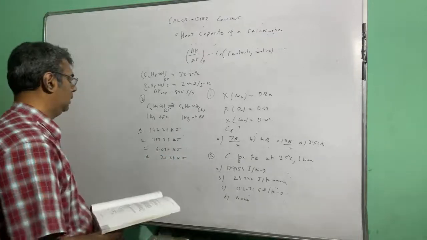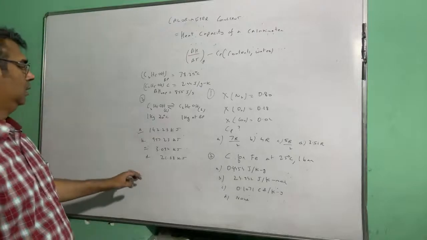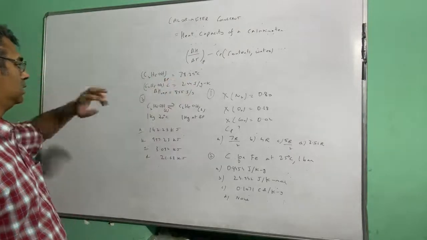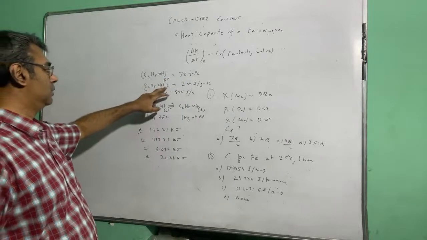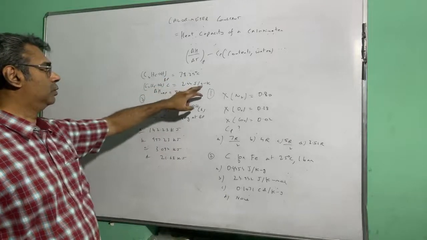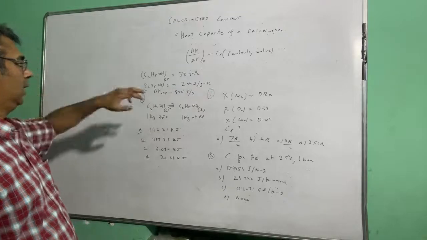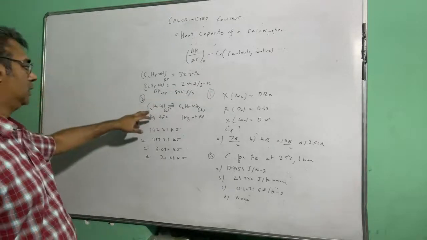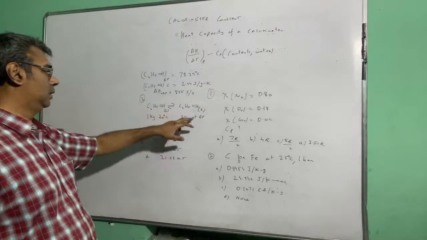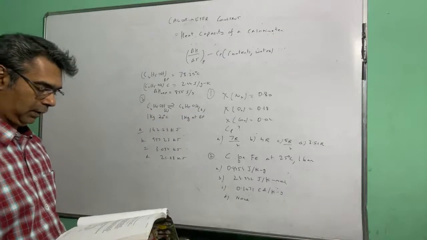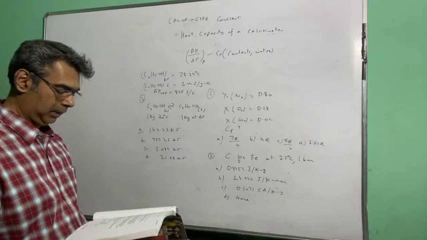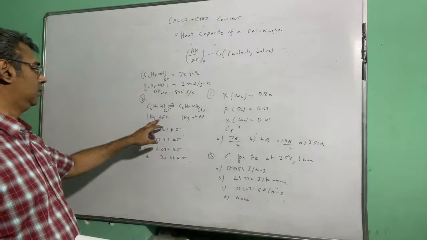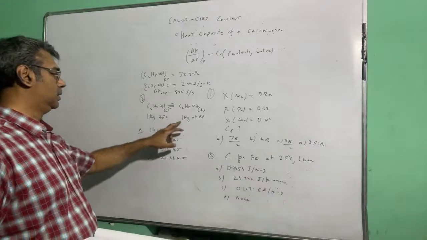Okay, the next question: the boiling point of ethanol is 78.29 degrees Celsius, the specific heat of ethanol is 2.44 joule per gram Kelvin, and the enthalpy of vaporization is 855 joule per gram. So question 3: liquid ethanol of 1 kg is being taken from 20 degrees Celsius to the boiling point.